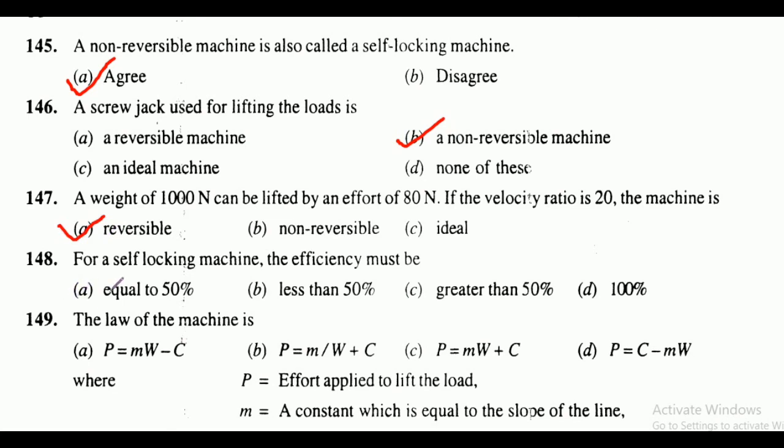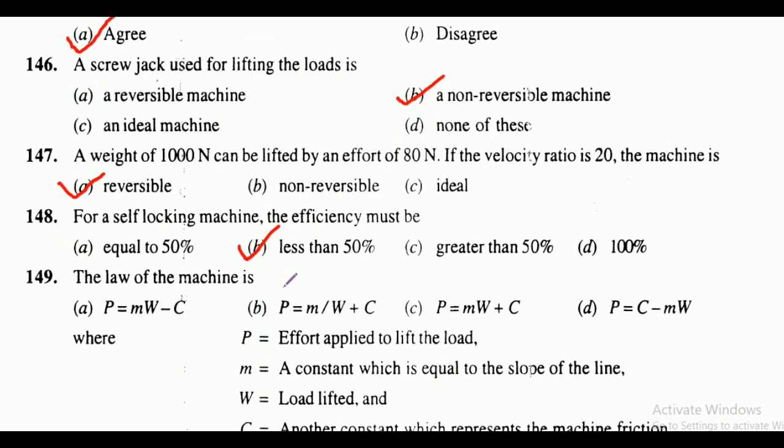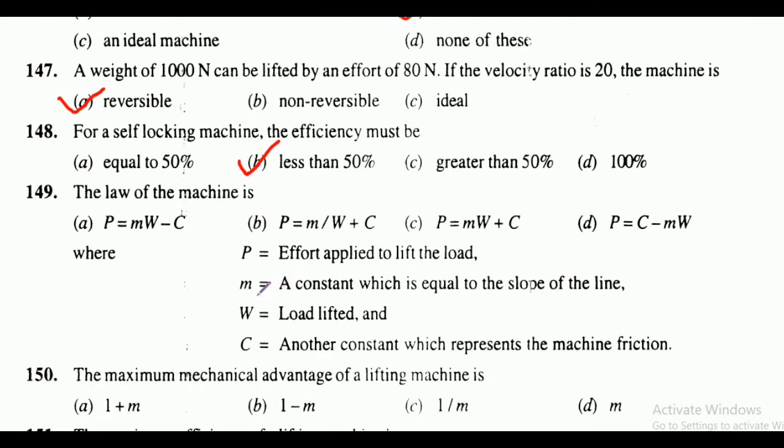Next is, for a self-locking machine, the efficiency must be equal to 50%, less than 50%, greater than 50%, or 100%. Here friends, correct answer is option B, that is less than 50%. Friends, now here next is question 149.